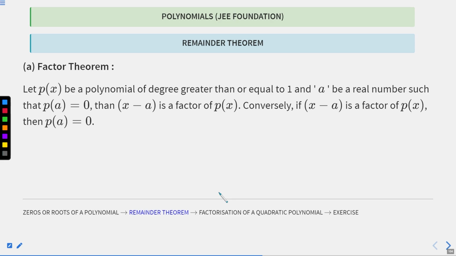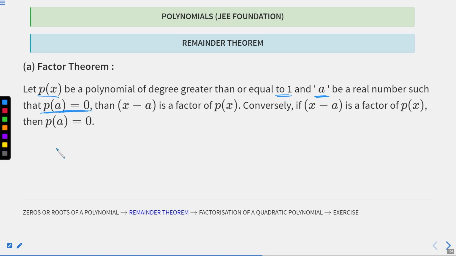Okay, so now here we will see the factor theorem. So this factor theorem says that if p(x) is a polynomial of degree greater than or equal to 1 and a is any real number such that p(a) is equal to 0. Okay, p(a) is 0. So if you recall, what do we mean by 0 of the polynomial?